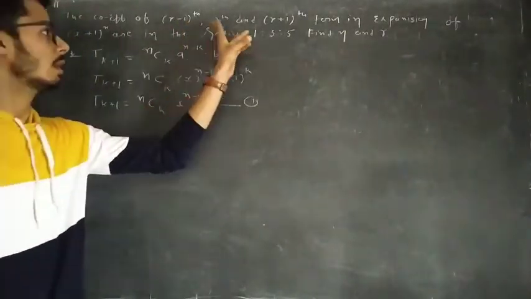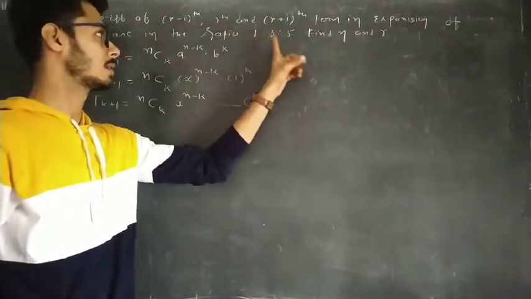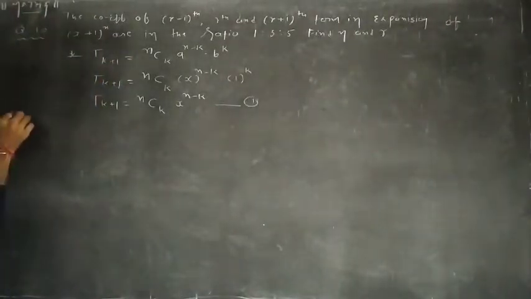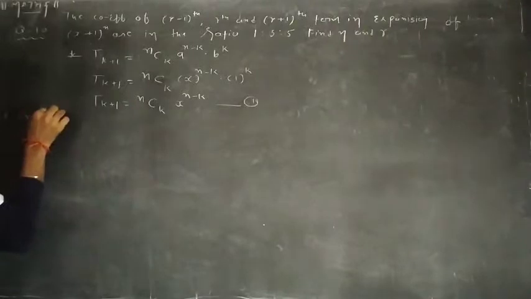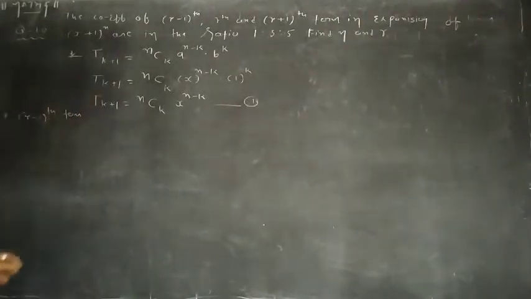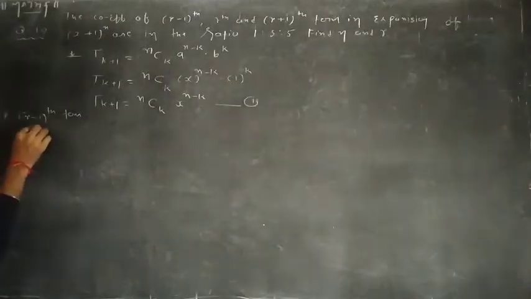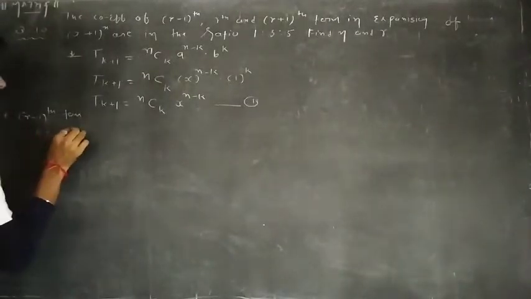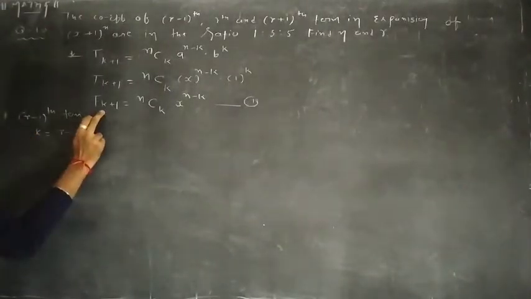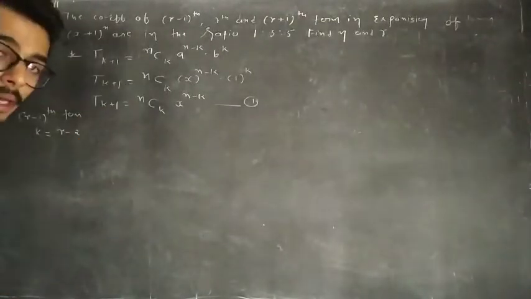First of all we find these three terms: the r minus 1 term, the r term and the r plus 1 term. First, the r minus 1 term. For which value of k do we get T(r minus 1)? We put k equal to r minus 2, because r minus 2 plus 1 gives r minus 1.